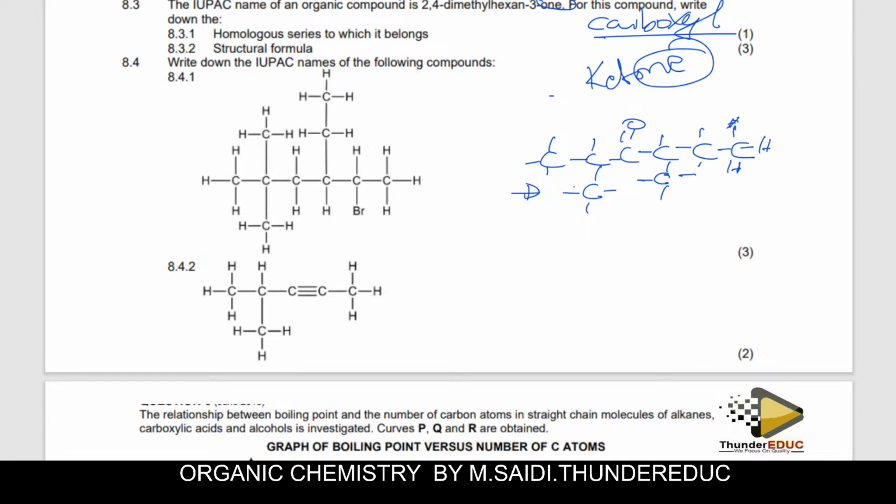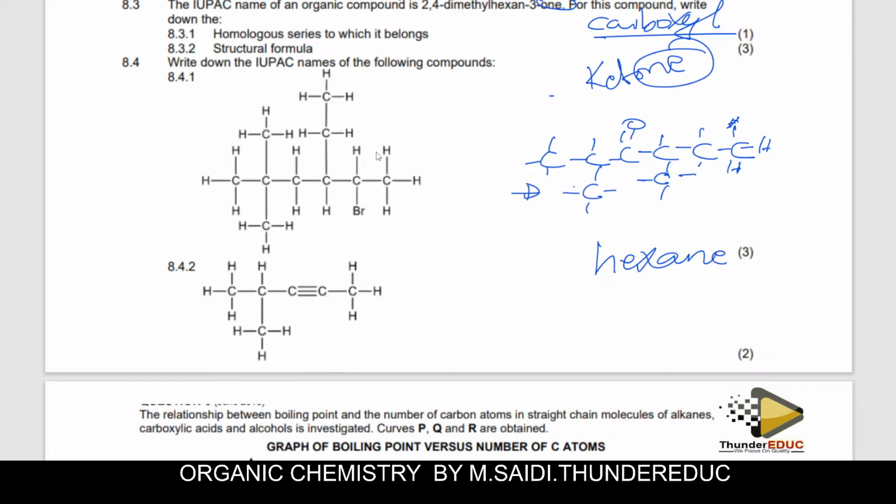1, 2, 3, 4, 5, 6. But there is a bromine, so you have to use this. The longest one is 6, and it's a single bond throughout, therefore it's going to be hexane.